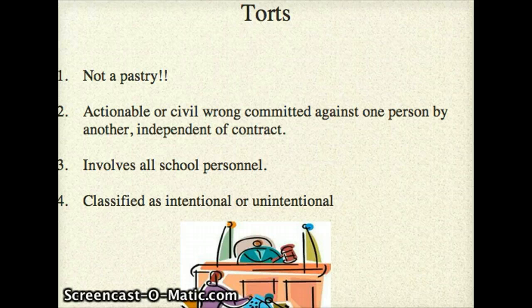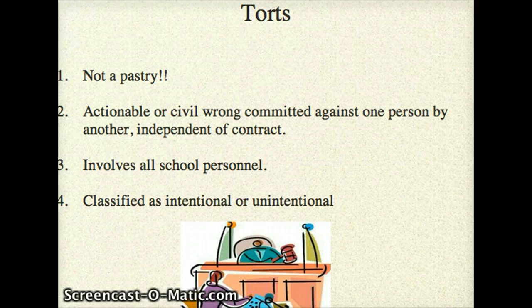So what if the lawsuit is over something that was caused by the negligence of the teacher, or something that's called torts? It's not a pastry, it's not a tart, nothing you eat, but according to Essex, a tort is an actionable or civil wrong committed against one person by another, independent of contract.